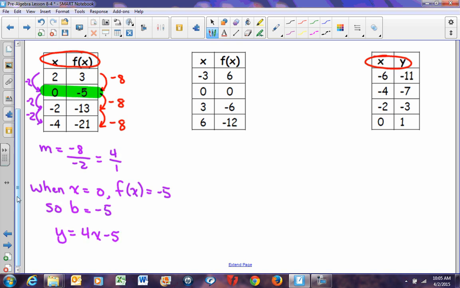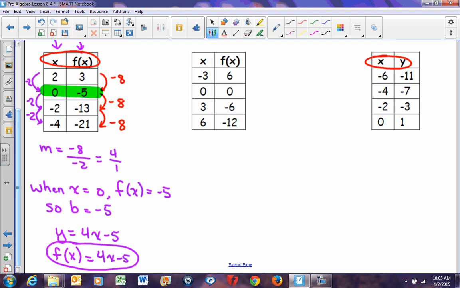Since this was written in x and f of x form, we'll replace the y with an f of x. So f of x equals 4x minus 5. If it's written in x and f of x form, that's the form you need to write it in. If it's written in x, y form, that's the form you need to write it in. So our function rule for this table is f of x equals 4x minus 5.